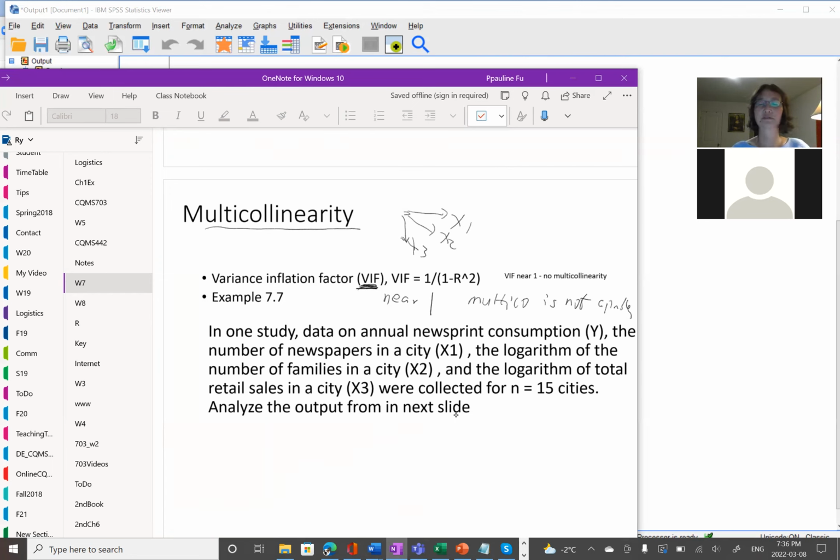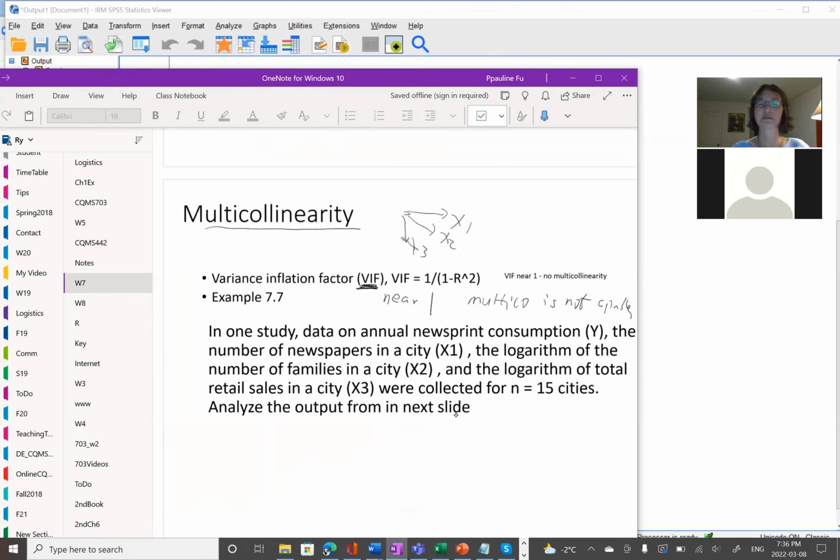So we use X1, but for X2 we use log X2, and then log X3. This is the output. How do we interpret this output?